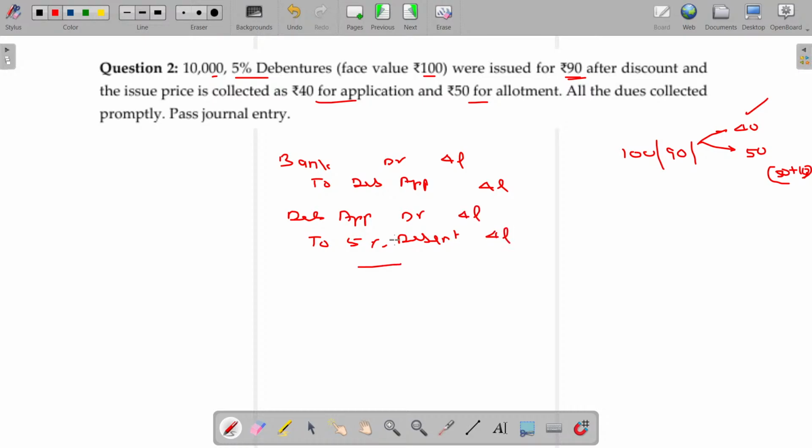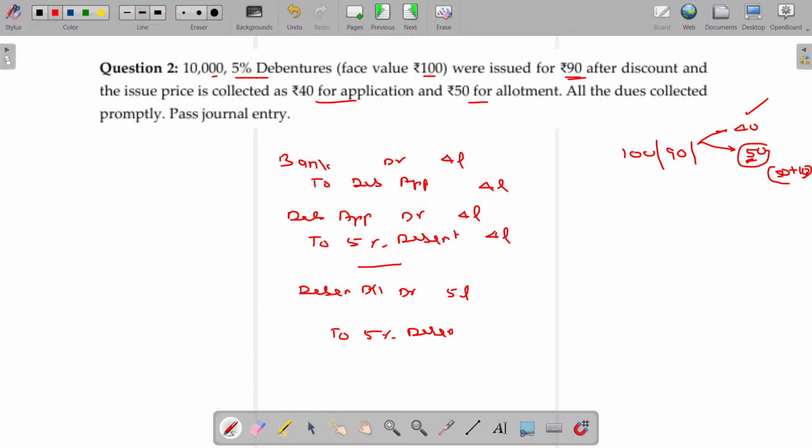Now what is the due entry for allotment? Debenture allotment account debit to 5% debenture. The amount recoverable being 50 rupees, so 5 lakhs.